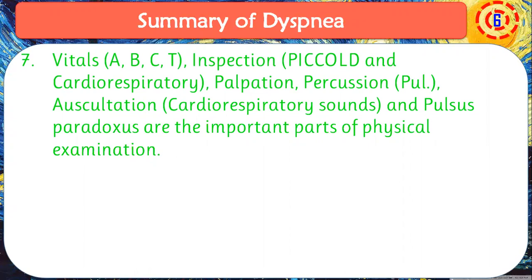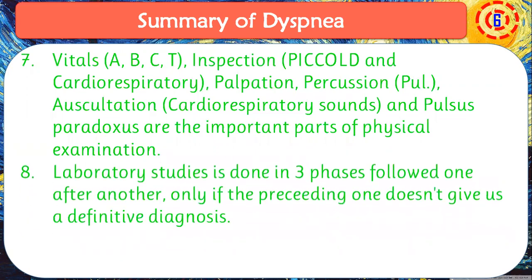An inspection, including general inspection such as PICK COLD, that was the mnemonic that we used there, and cardiorespiratory inspection, along with palpation, pulmonary percussion, and auscultation for cardiorespiratory sounds. And ultimately, the important one, that is pulsus paradoxus. So these are the important parts of physical examination for a patient with dyspnea.